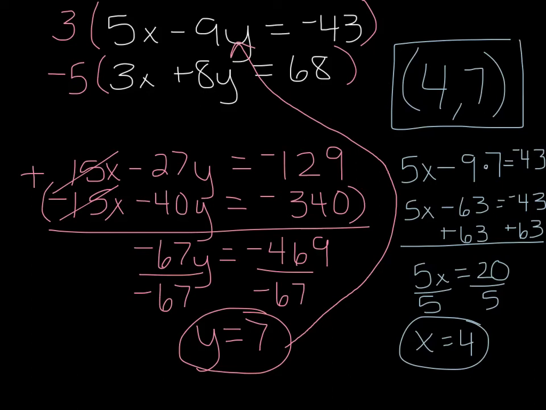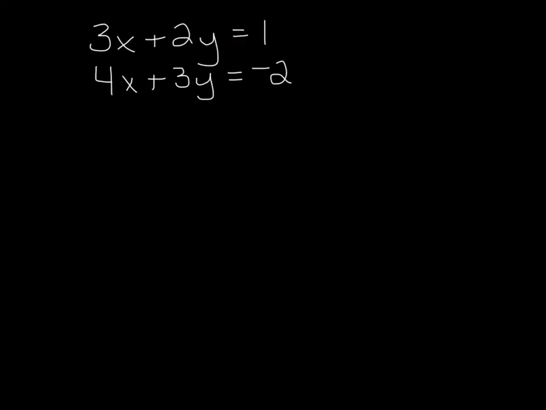All right, so that one was a little trickier just because we had to multiply both equations, but it's still the same idea. All right, and here's the last one here. Once again, nothing times 3 will give me a -4 because that's what I would need to cancel out my x's. And nothing can multiply by 2 to give me -3 because that's what I would need to cancel out my y's.